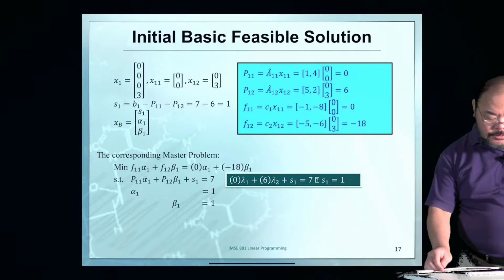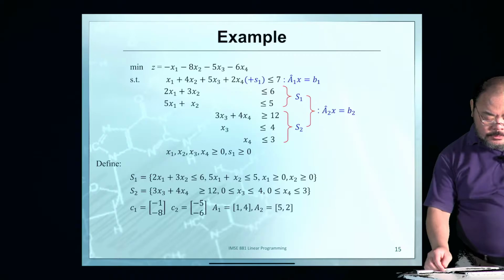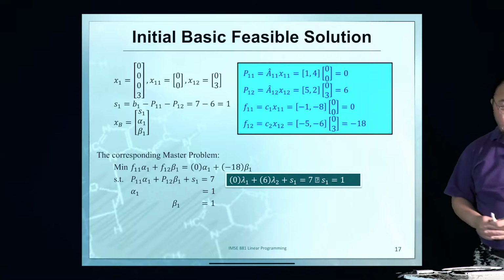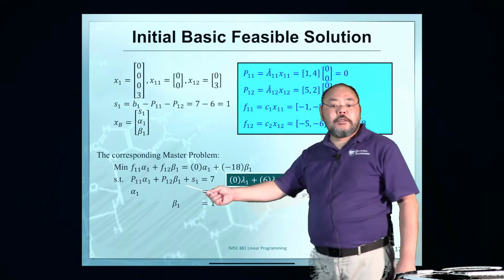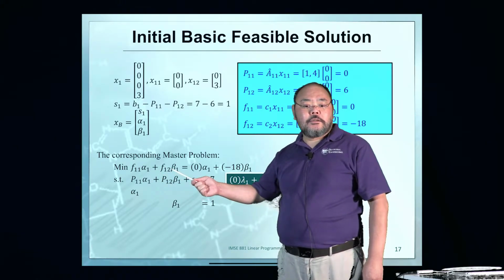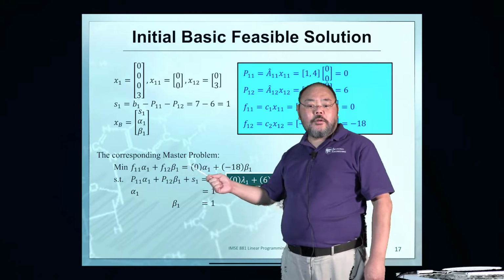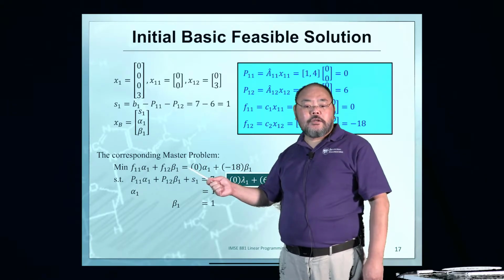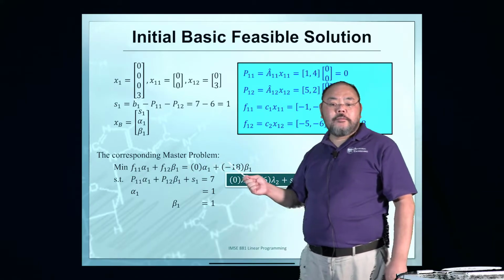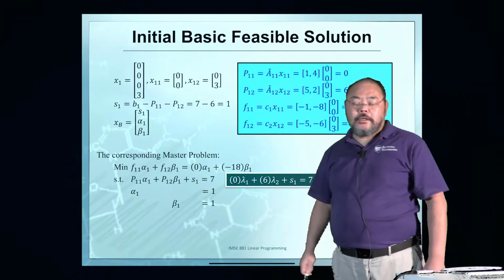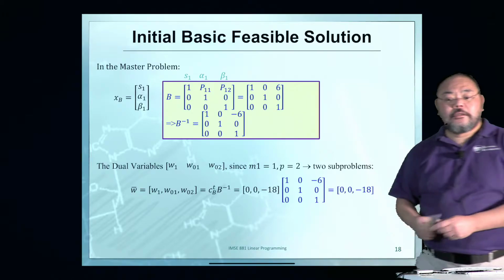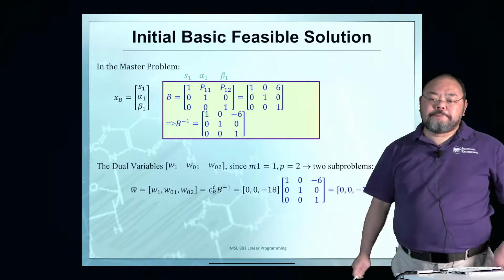So I want you to take a look. This is my master problem, involving alpha 1, beta 1, and S1. S1's coefficient is 0, so 0 times x1, 0 times alpha 1, but negative 18 times beta 1. And that's why CB is represented as 0, 0, negative 18.